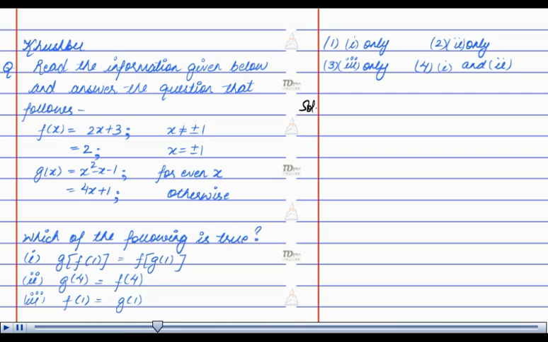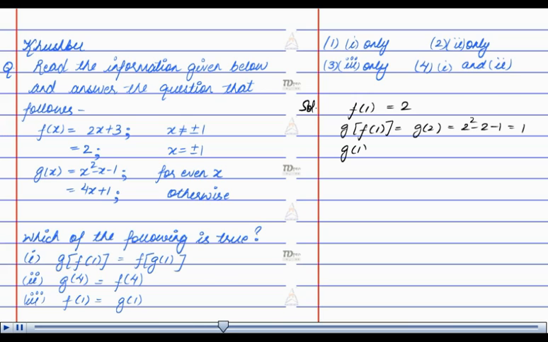We first evaluate f(1), which comes out to be 2. Therefore, g(f(1)) becomes g(2), which is 2² - 2 - 1, that is 1.